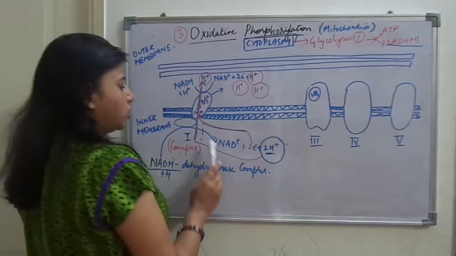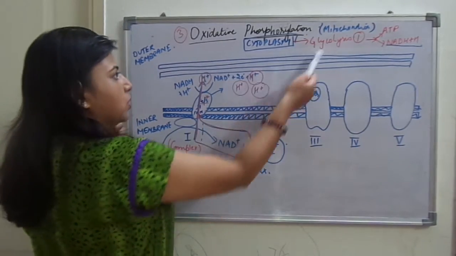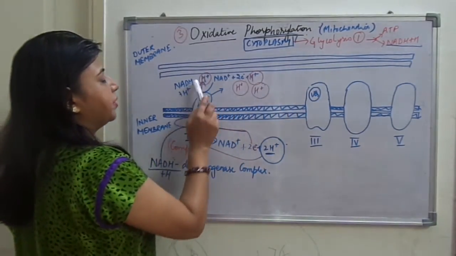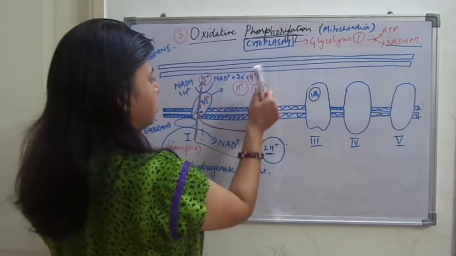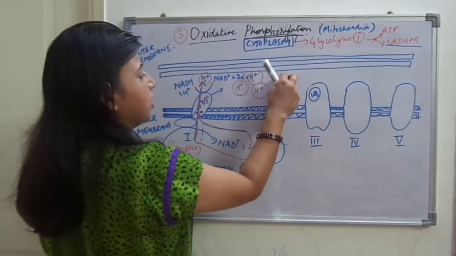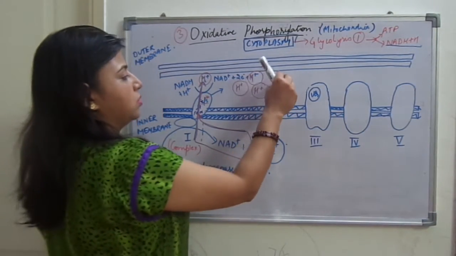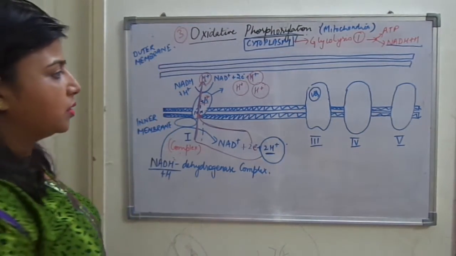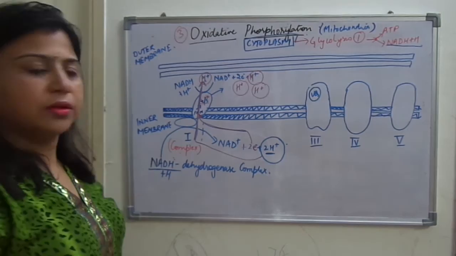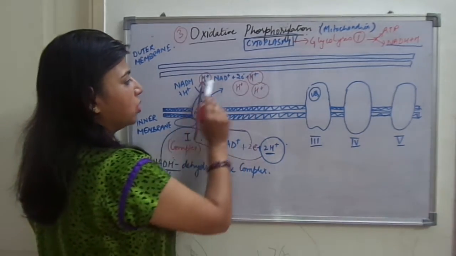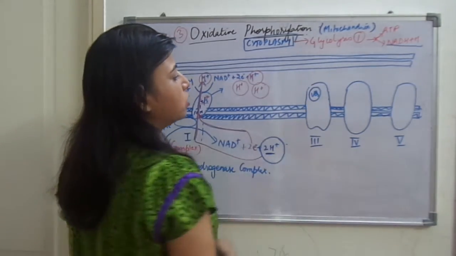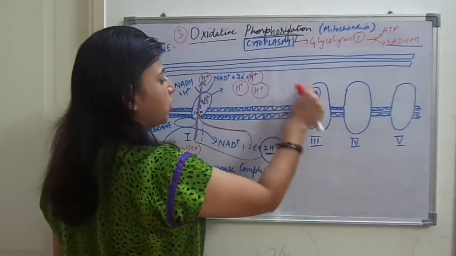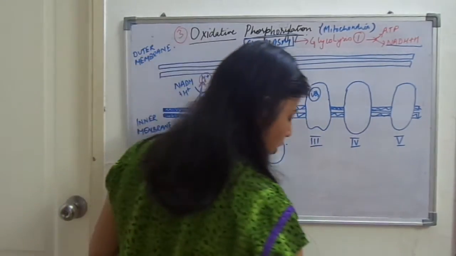So actually due to this pump and due to these hydrogens also, the NADH which is coming from outside, the concentration of hydrogen increases in this area, meaning this is more acidic in comparison to this inner part, that is the mitochondrial matrix.